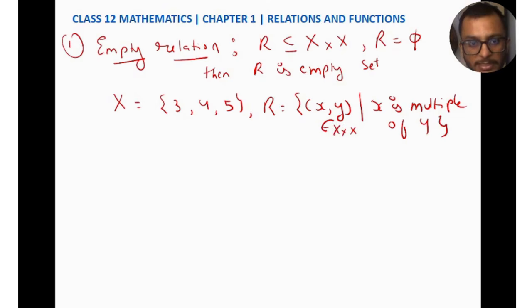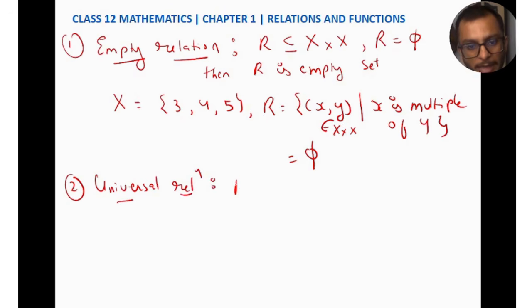Here neither 3 is a multiple of 4 or 5, nor 4 is a multiple of 3 or 5, nor 5 is a multiple of 3 or 4. So R is empty, hence R is an empty relation. Now next is universal relation. If we are getting R as the whole Cartesian product X cross X, then R is a universal relation.